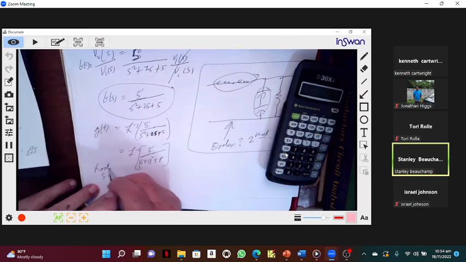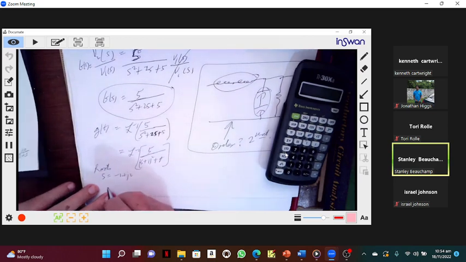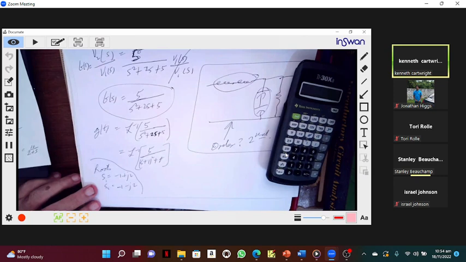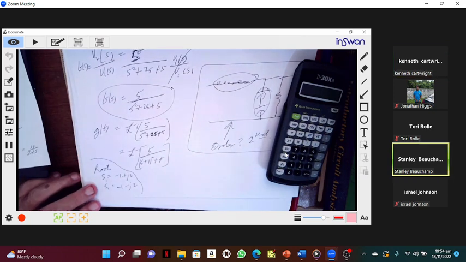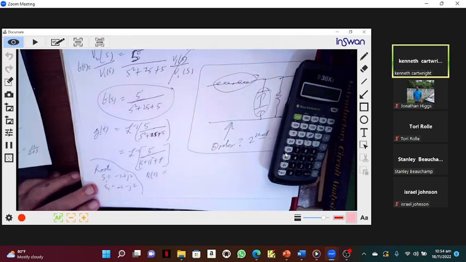Minus 1 minus j2, and minus 1 plus j2. Yeah. So what then? You could use the formula for Q(s). Q(s) equals what? Right.